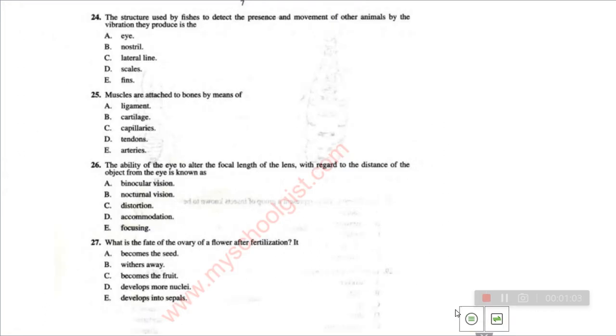That is another question rather. The structure used by fishes to detect the presence and movement of other animals by the vibration they produce is the... Now the fish, this is how it looks, sorry for my diagram. This is the fish. It's all a freehand sketch.